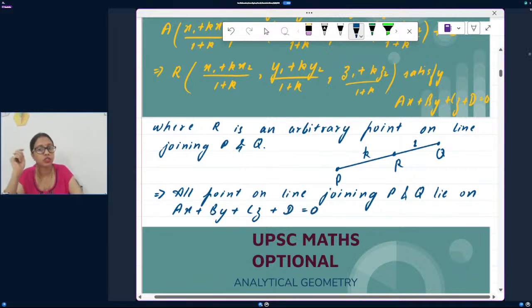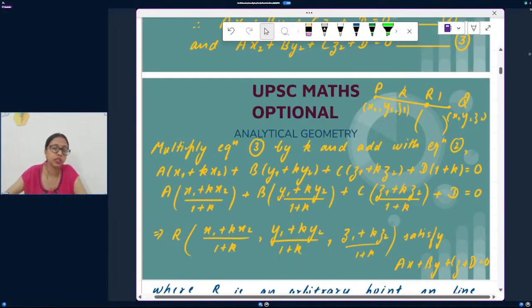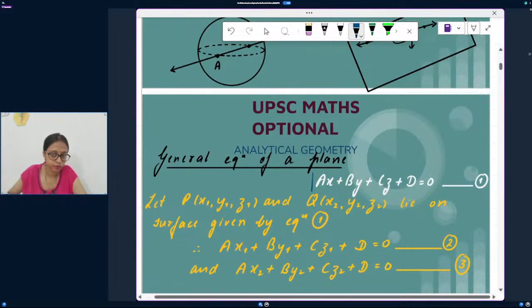Hence, that surface is nothing but a plane, because that surface satisfies the definition of being a plane. So that's why this is the equation of a plane. So here I have proved that this is the equation of a plane.